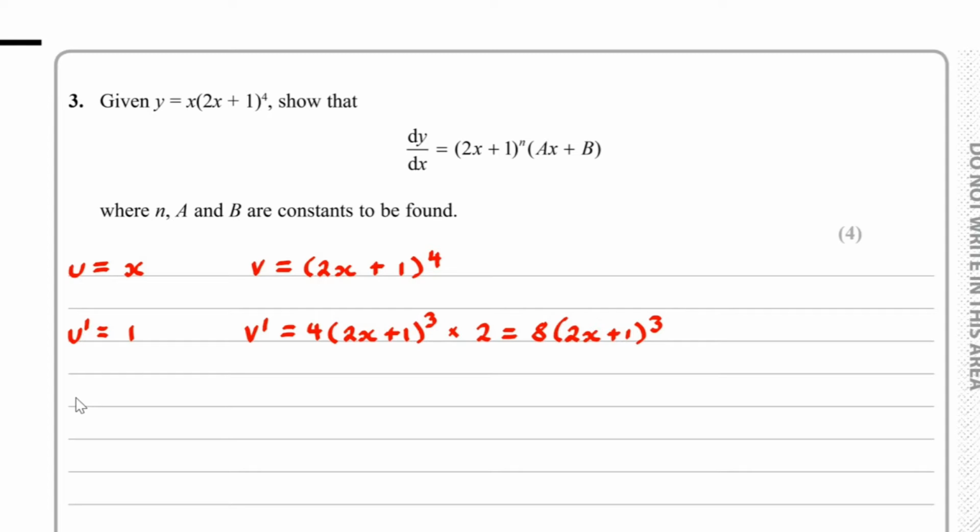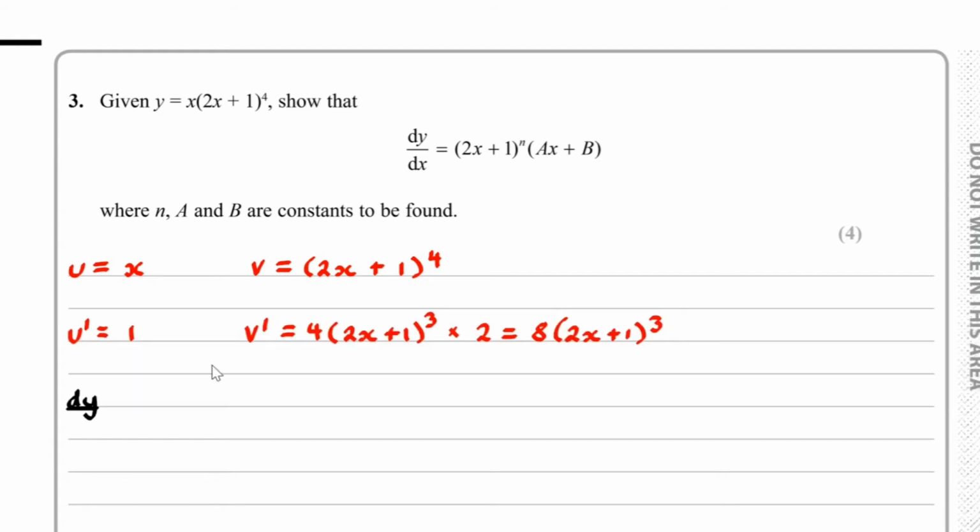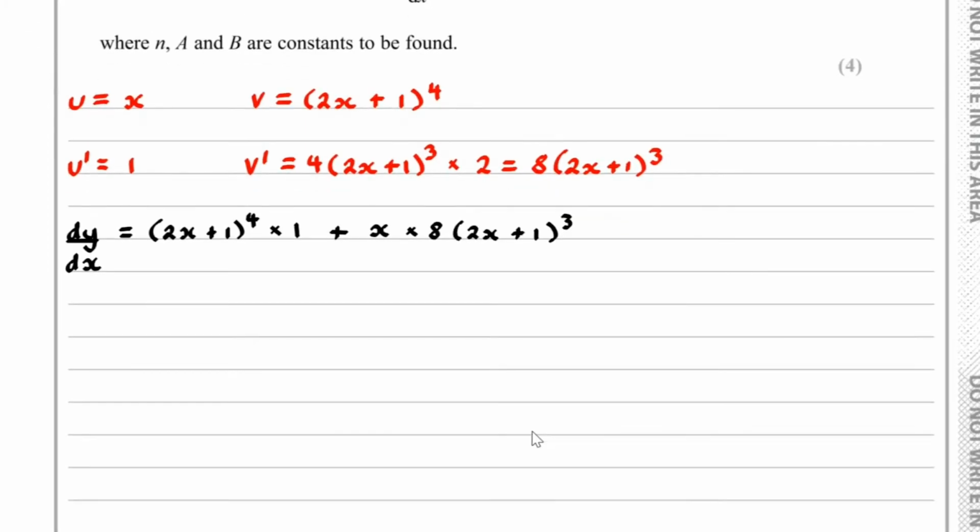And so if we find out what dy over dx is, this is equal to v times by u dash plus u times by v dash. We need to now tidy all this up.